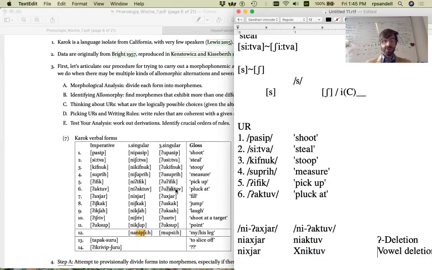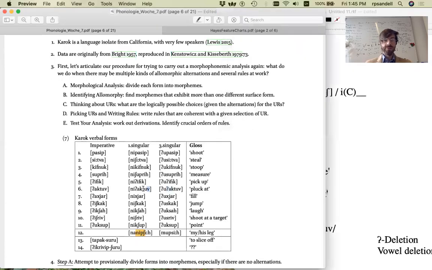Such a form doesn't exist. The first singular form is niaktuv, not niktuv. So there must be some underlying difference then between row number 7 and row number 6. This tells us that the glottal stop that we're seeing at the beginning of row number 7 cannot be underlying.